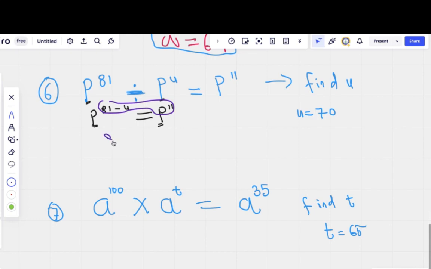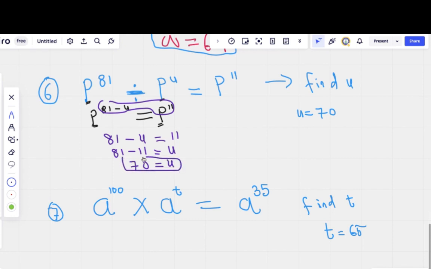So we say 81 minus U equal to 11. So move U to the right, move 11 to the left. 11 comes to the left, it becomes minus 11. And U goes to the right, negative U becomes positive U. So 81 minus 11 will get 70. So U equal to 70.